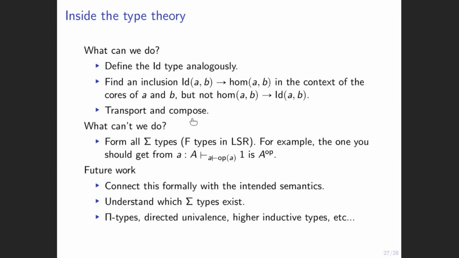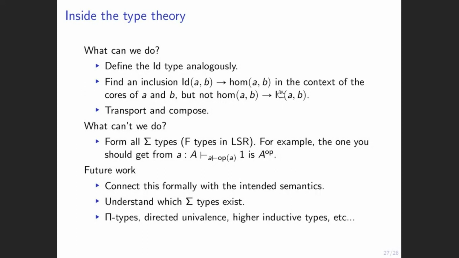And then we can find an inclusion from the identity from A to B into hom A B in the context depending on A and B in a core kind of way, in an equivariant kind of way. But we can't find a morphism in the other direction, which is exactly what we would expect and hope for. And just as before, we can still transport along homomorphisms, and we can compose homomorphisms, which is great.